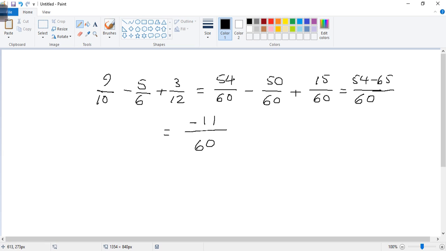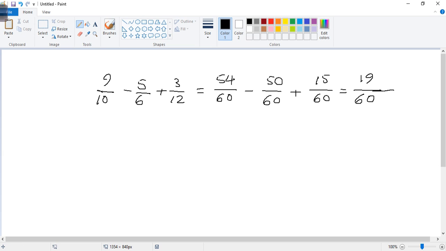Is that okay? No, it's not. That's wrong. We have to add this and this, and take away this. 54 take away 50, that is 4, and 4 plus 15 will be 19 over 60. Let us carry on.